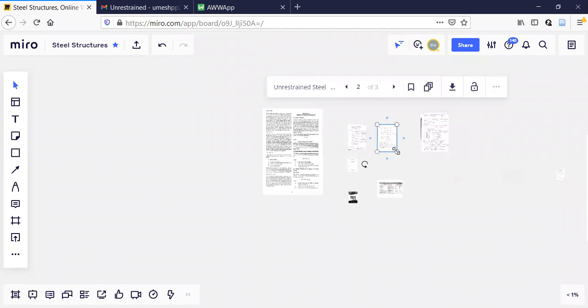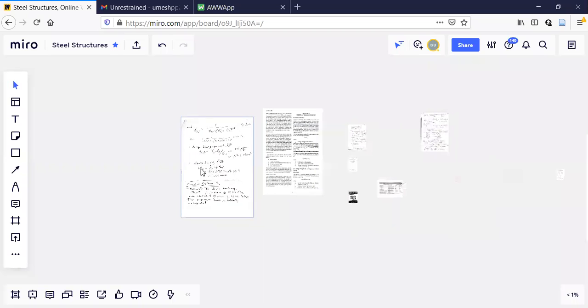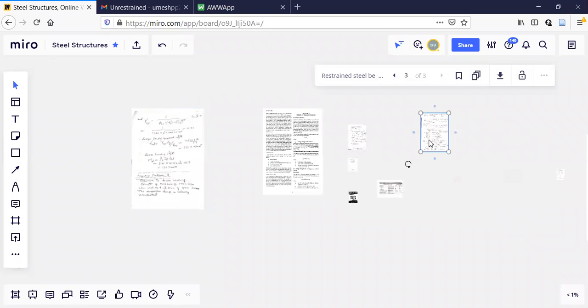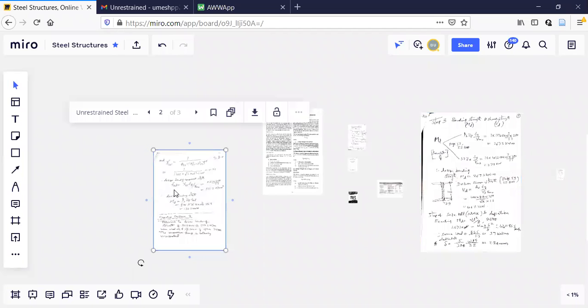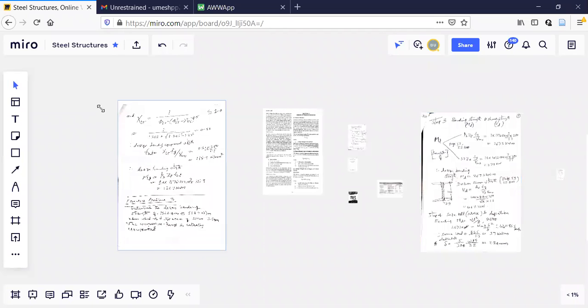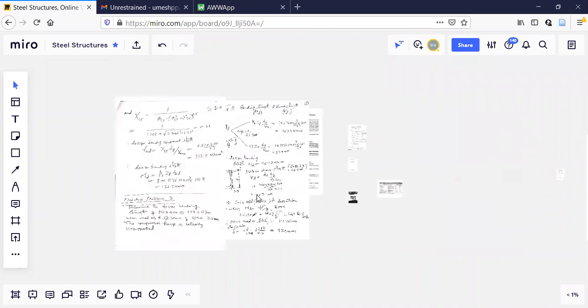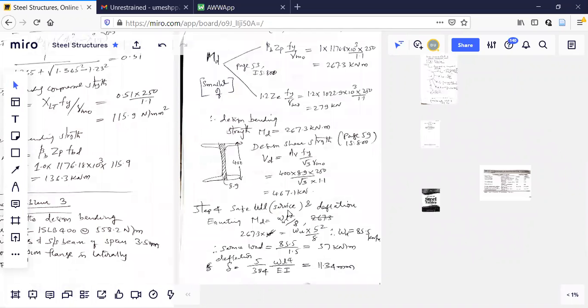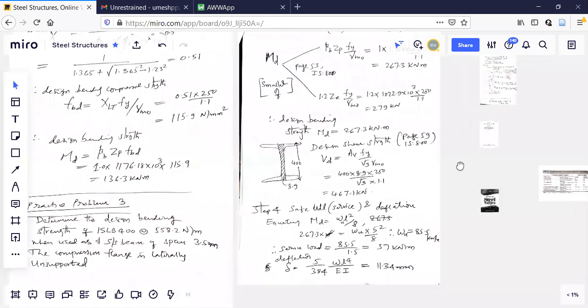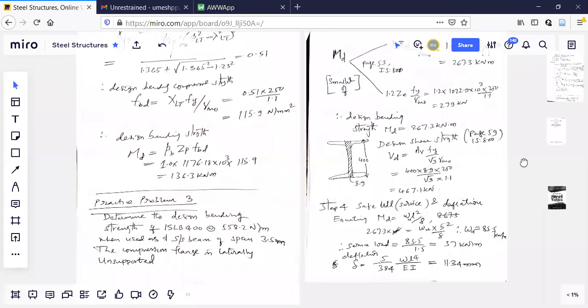I'll just bring them side by side. Now see this here.